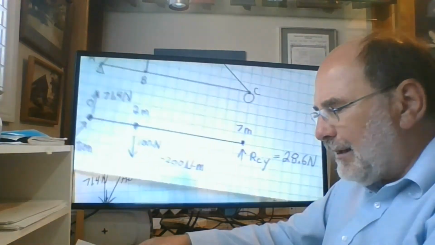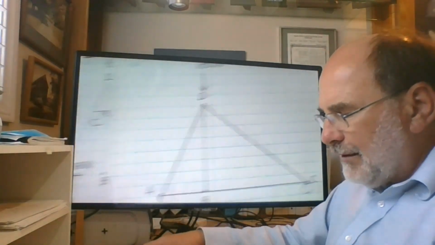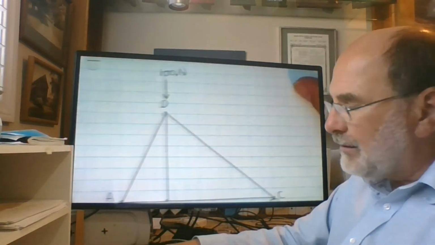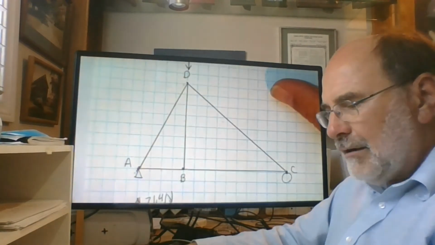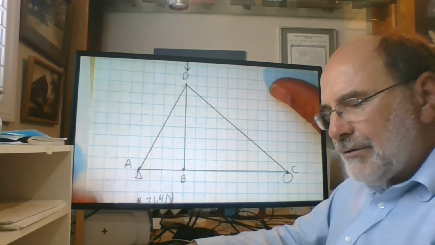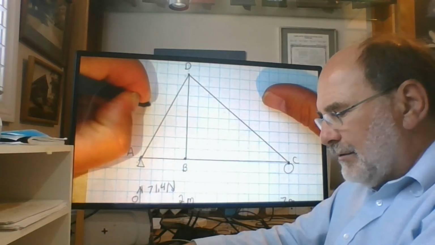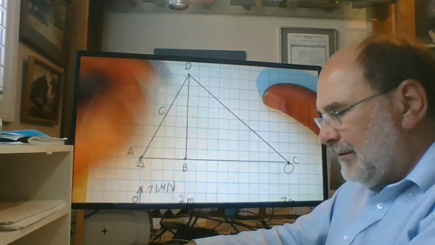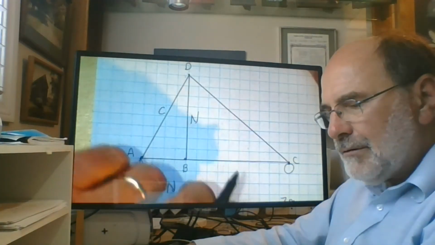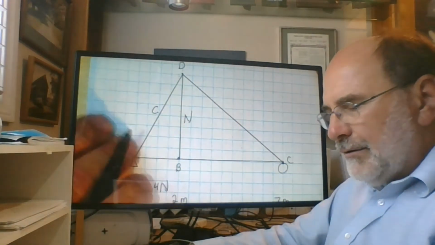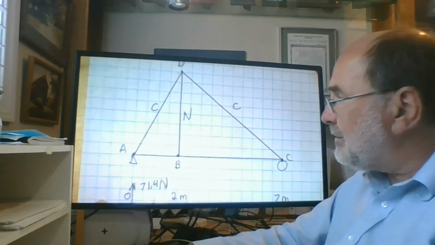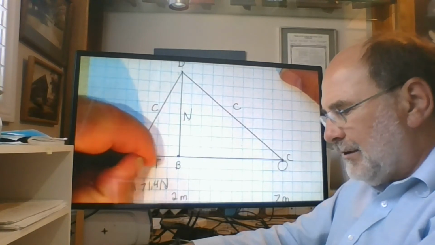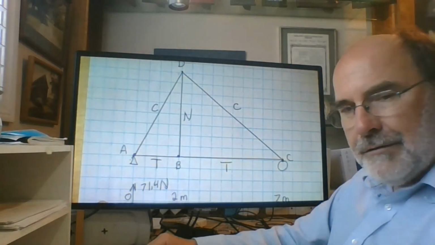I suspect I have now completely analyzed this truss structure. My claim is this is under compression. This is neutral. This one is under compression. Tension here, tension there.